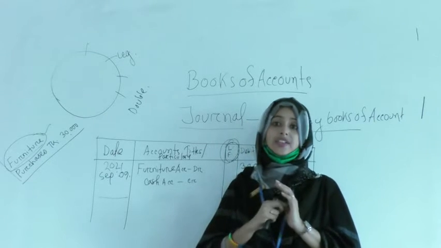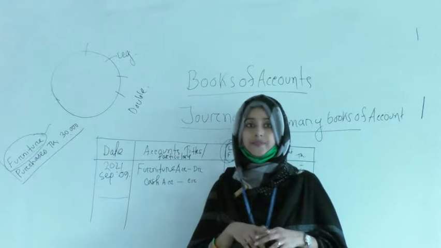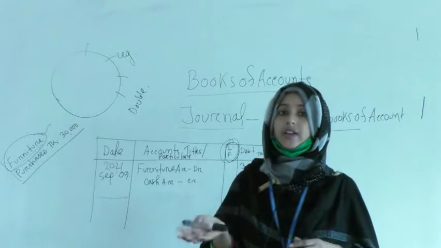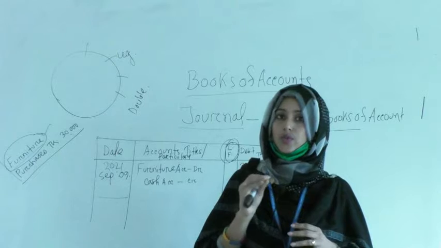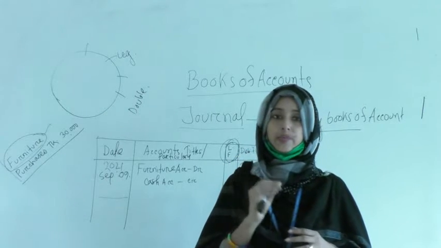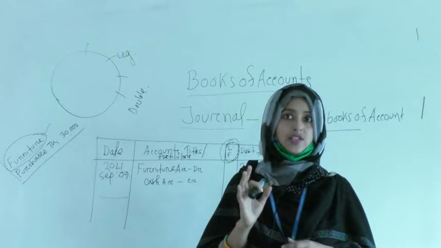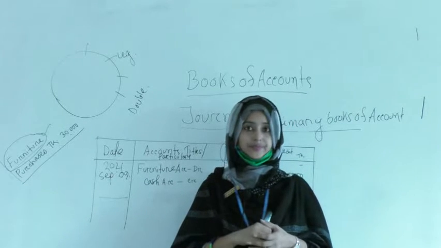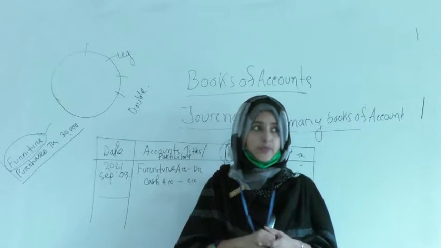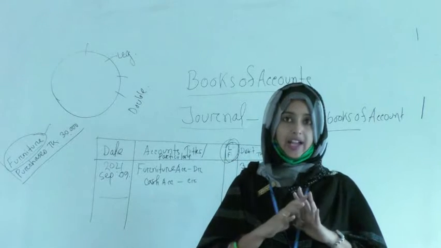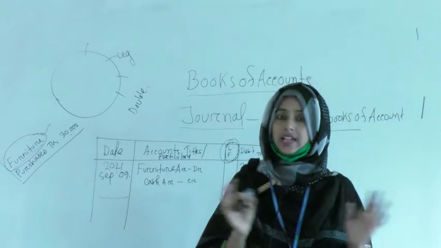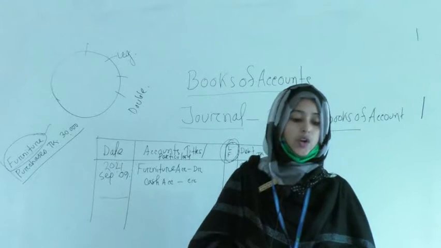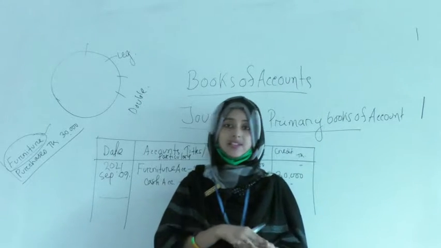Purchase journal. What is called purchase journal? Goods purchased on credit are recorded. Only goods purchased on credit, I repeat, goods purchased on credit are recorded in the purchase journal. Clear? That means goods purchased in cash are not recorded in the purchase journal. Got my point? Okay, then the sales journal.